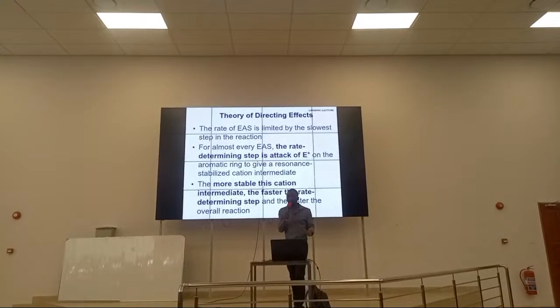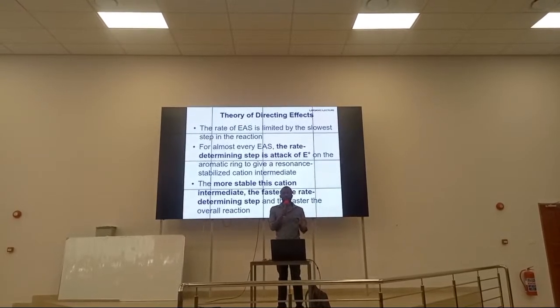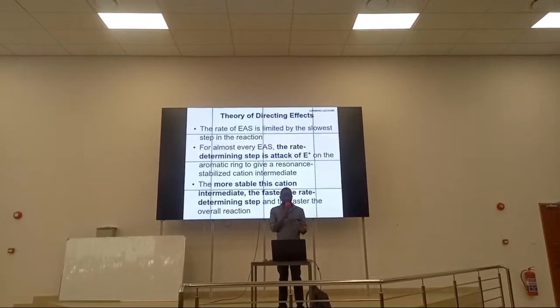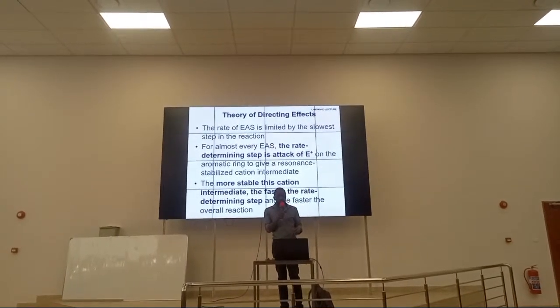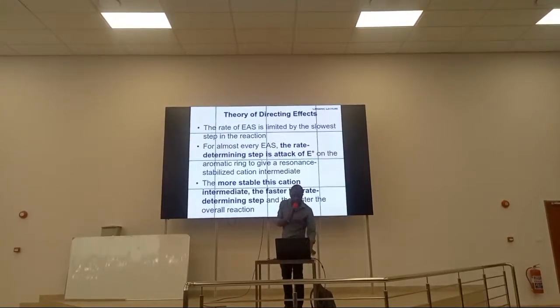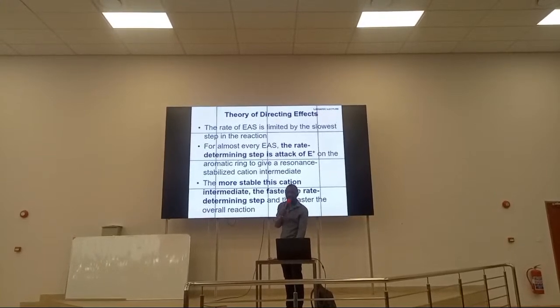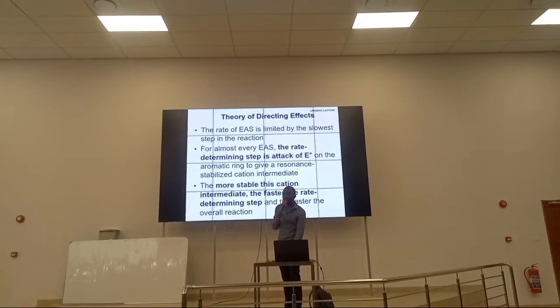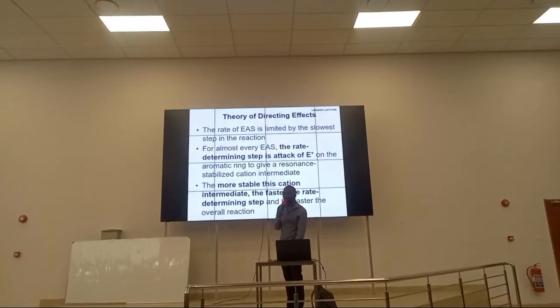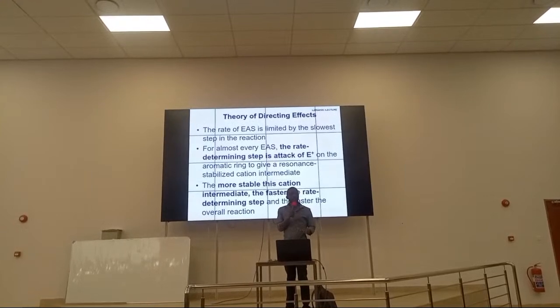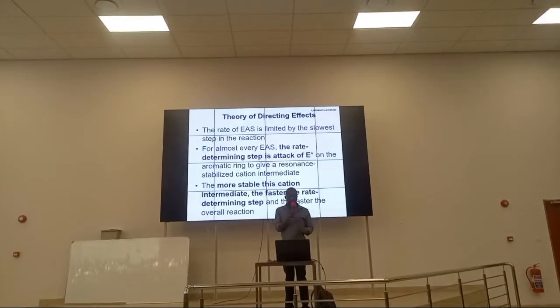So for almost every electrophilic aromatic substitution, the rate determining step is the attack of the electrophile. The reason is simple, because that step involves the disruption of a very stable system, the aromatic system itself. Okay, and that tends to give the resonance stabilized cation intermediate, which is further reacted by the removal of a hydrogen atom, which is being substituted, in order to regain the stability associated with aromaticity.